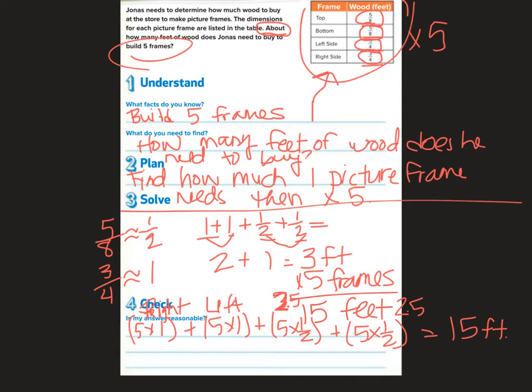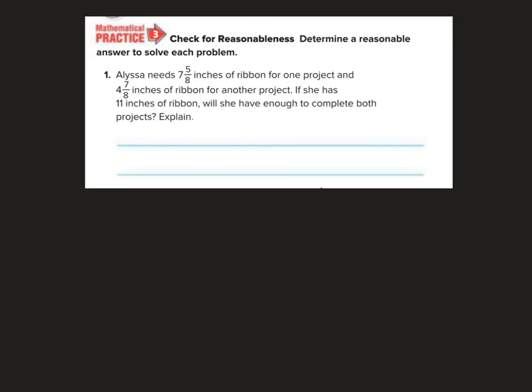That was a doozy. All right, so this is on your homework page. If you skip forward to page 662, you'll see this one up on the top. Alyssa needs 7 5/8 inches of ribbon for one project and 4 7/8 inches of ribbon for another project. If she has 11 inches of ribbon, will she have enough to complete both projects? Explain.